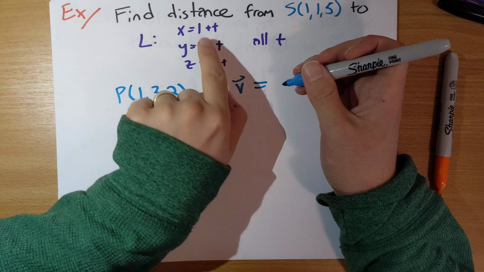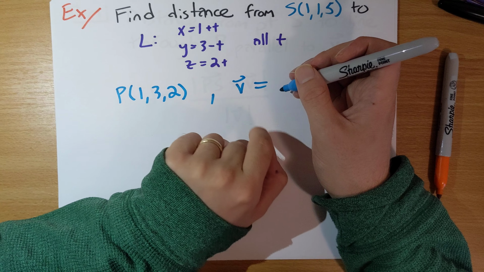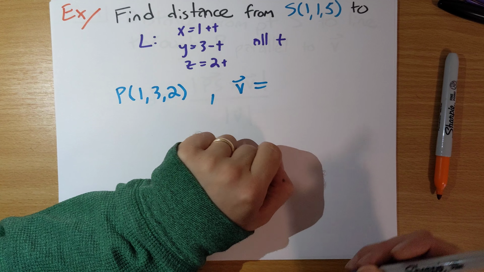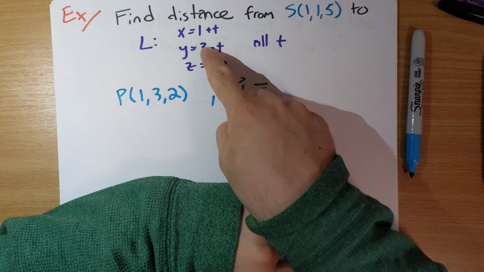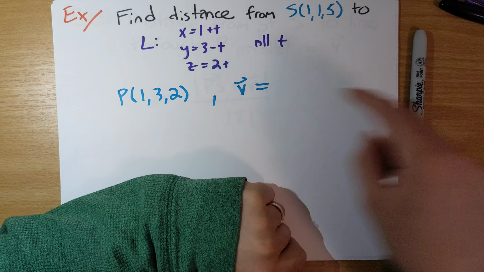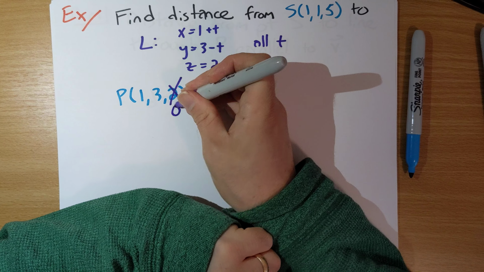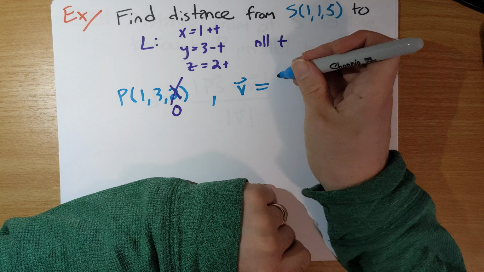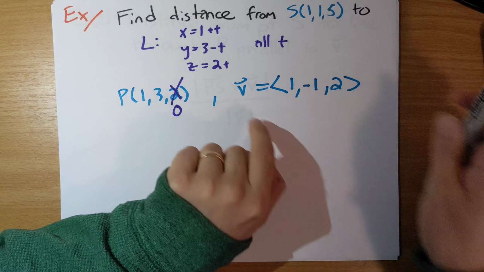And V will be the coefficients of T here, 1, -1, and 2. Oops, sorry, I misread my own handwriting. 1 plus T, 3 minus T, and 2T. So let's correct that. My apologies, that's a 0 there. So V is 1, -1, and 2.